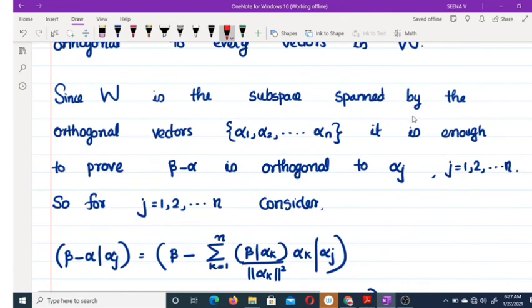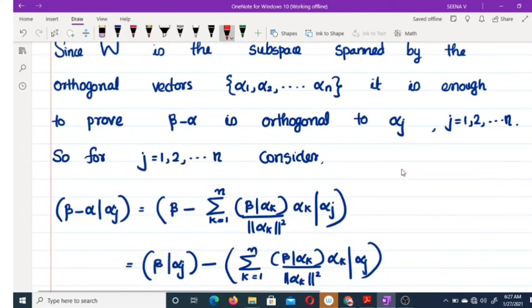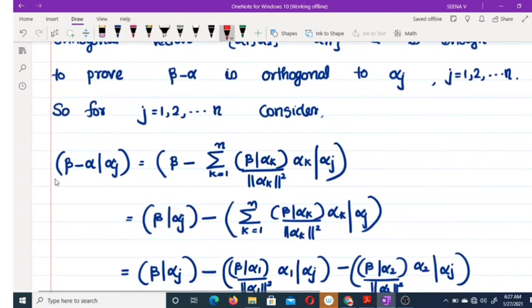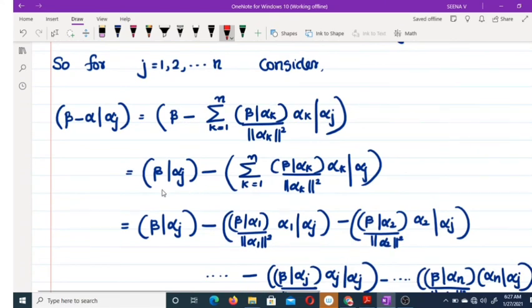Since W is a subspace spanned by orthogonal vectors, it is enough to prove beta minus alpha is orthogonal to alpha j for every j equals 1 to n. So consider this one, and substitute the definition of alpha. We get the inner product of beta and alpha j minus the sum.